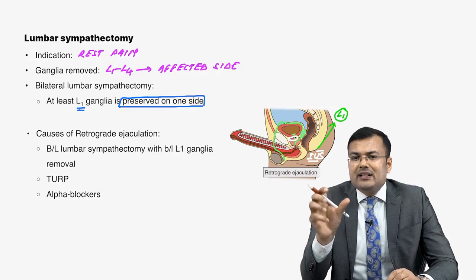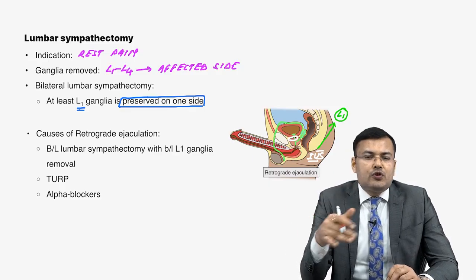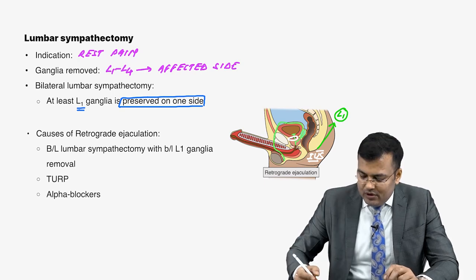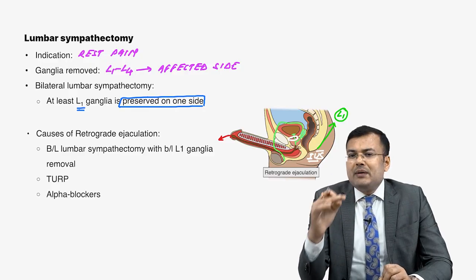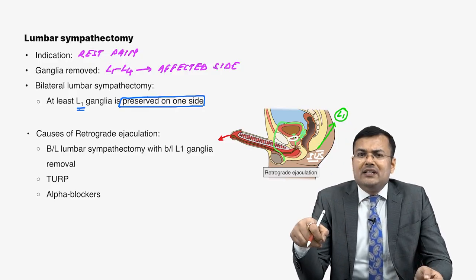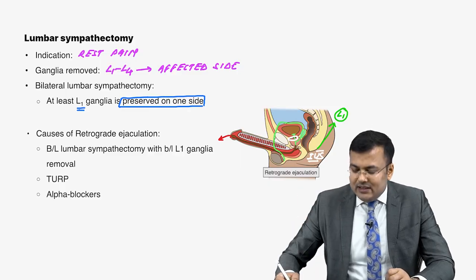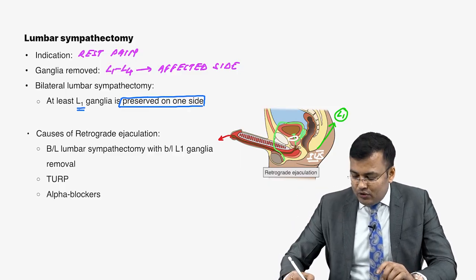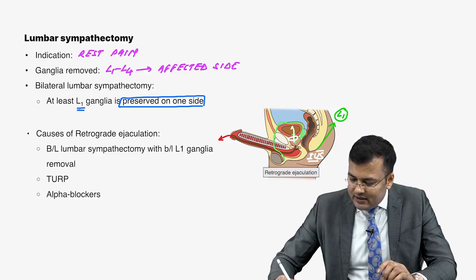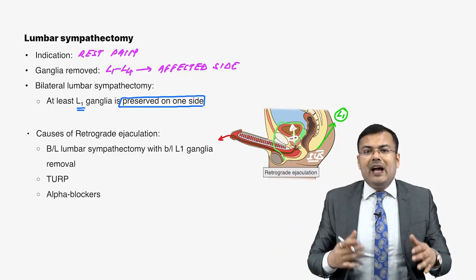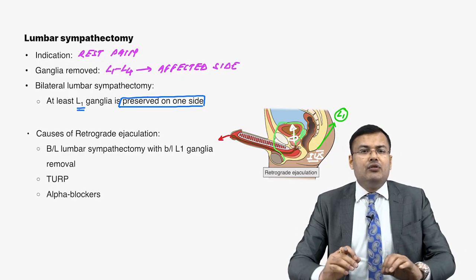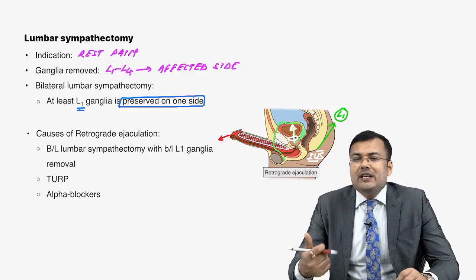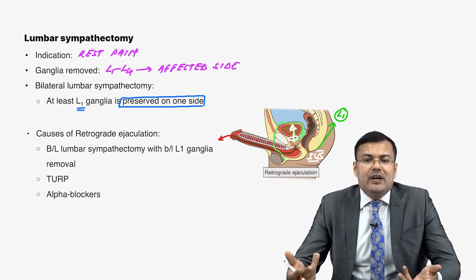This sphincter is closed, so that most of the semen goes out via the urethra. What is the big problem? If you remove L1, what will happen? Since this internal urinary sphincter is not closed, the semen will also go into the bladder. And whenever it is going against the flow, this is known as retrograde. So semen is entering into the bladder. This is retrograde ejaculation.